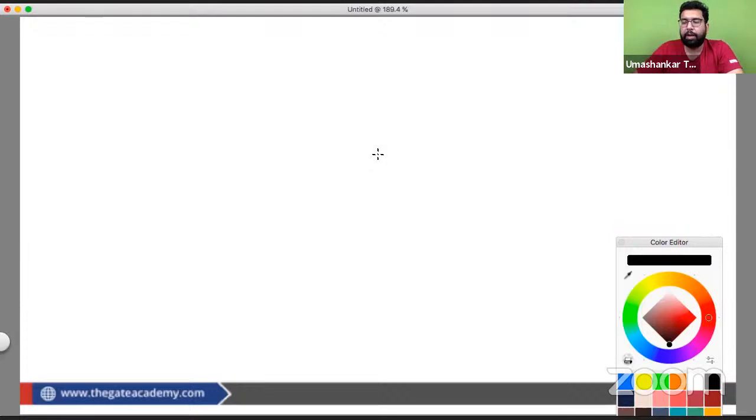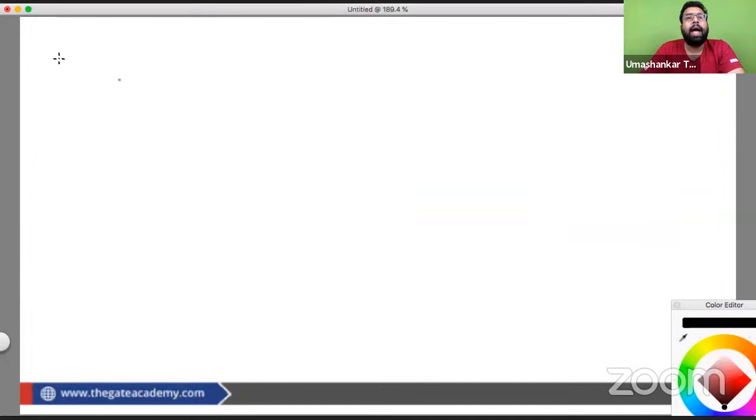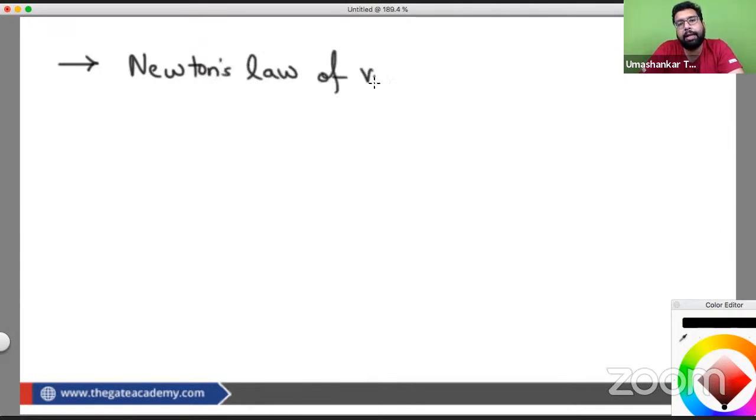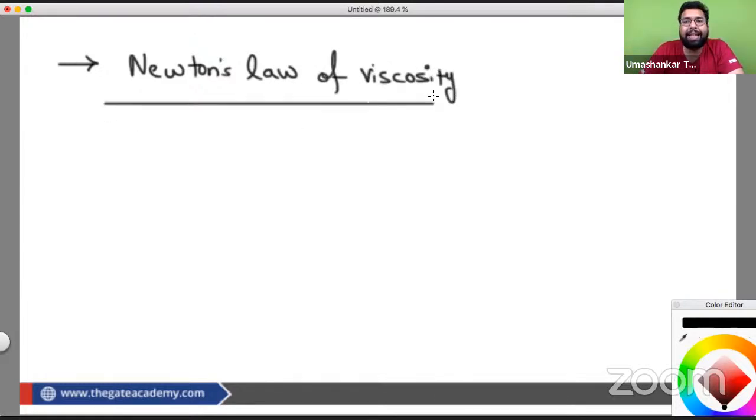In today's session, we are going to have a quick recap on the important topics of fluid statics. Those who are live here, please tell me what you feel is the most important topic in fluid statics. As per the quantum of questions asked in previous year GATE papers, I think Newton's law of viscosity is very, very important to start with.